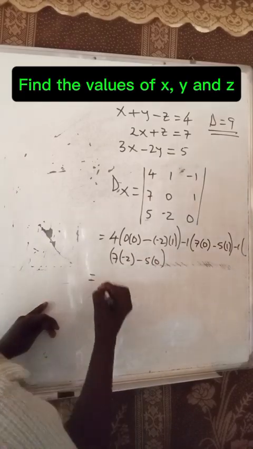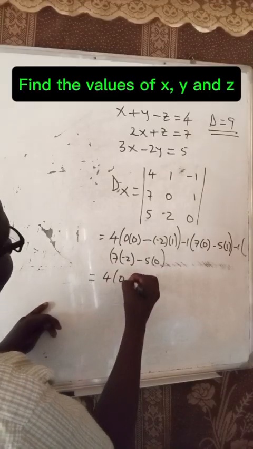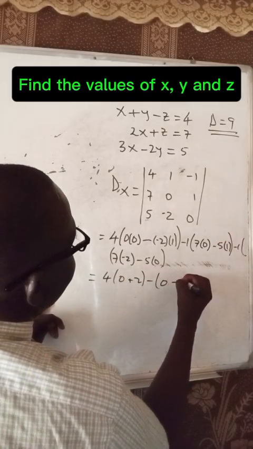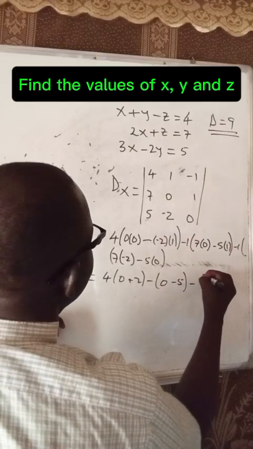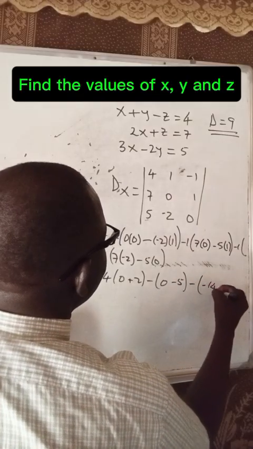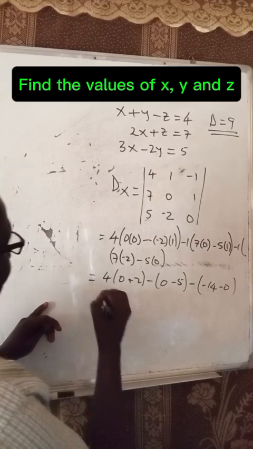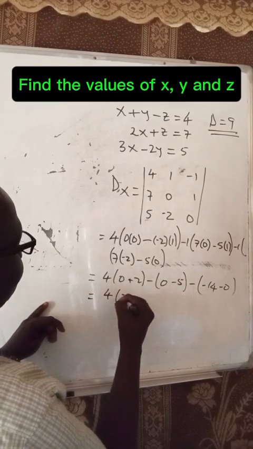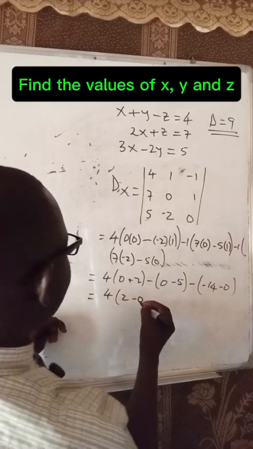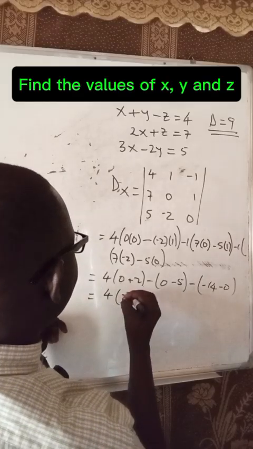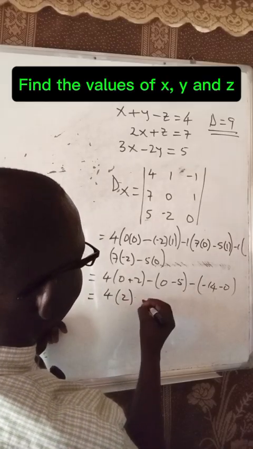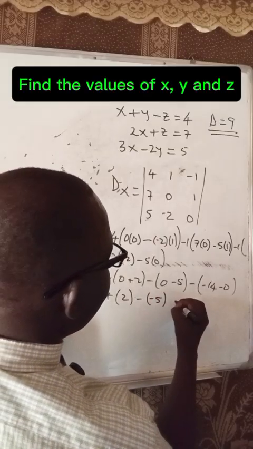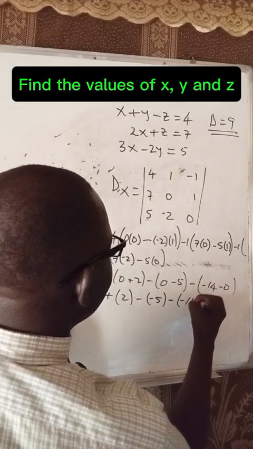And this is equal to 4 times (0 plus 2), minus 1 times (0 minus 5), minus 1 times (negative 14 minus 0). This is equal to 4 times 2, minus negative 5, minus negative 14.